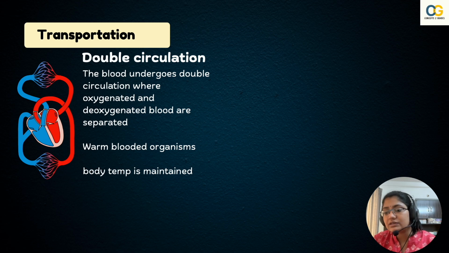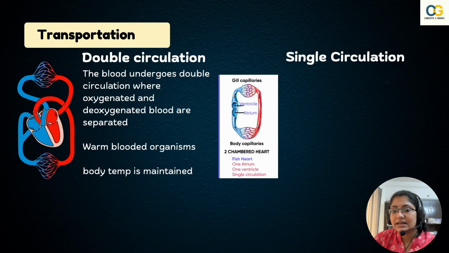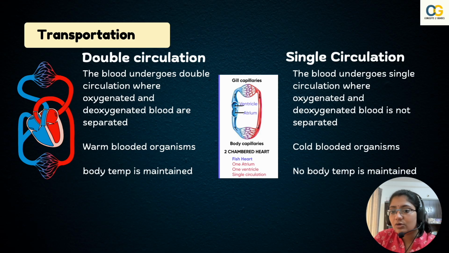It is essential for us to maintain the body temperature, as we need to do some functions at such temperature. Single circulation also occurs in fishes, etc., where there are only 2-chambered hearts or 3-chambered hearts, where the blood only goes through the body once, and there is no body temperature maintenance over there, and they are cold-blooded organisms.